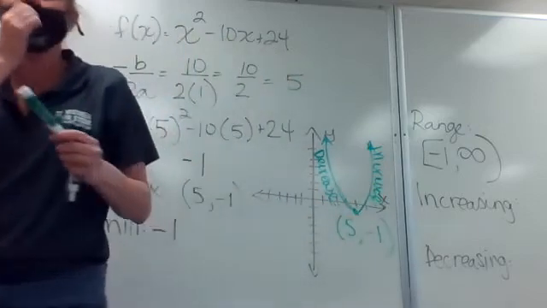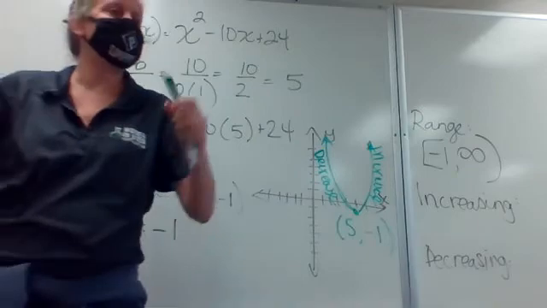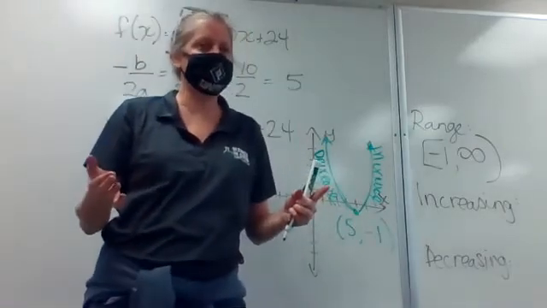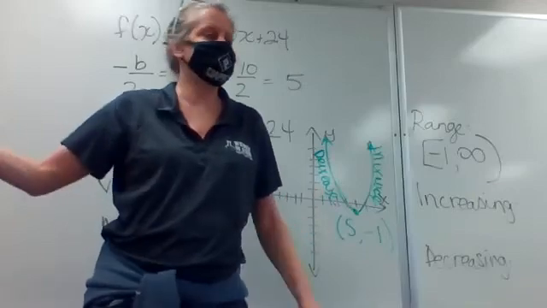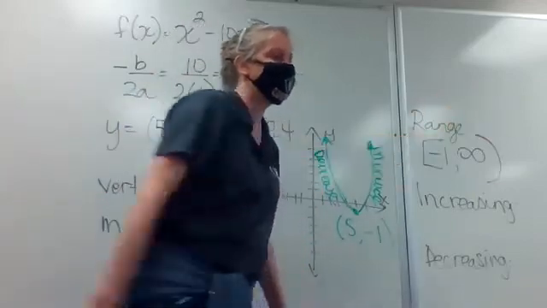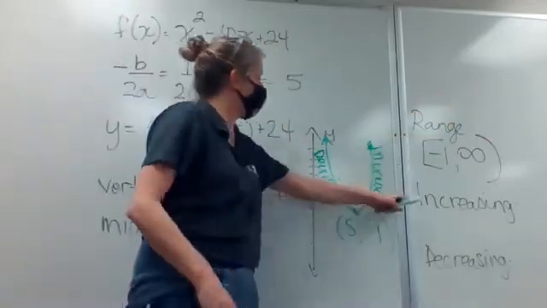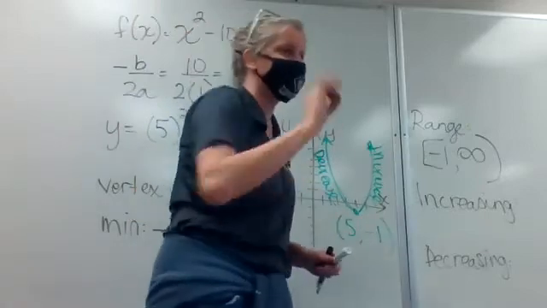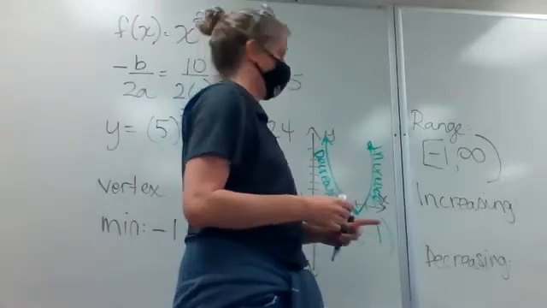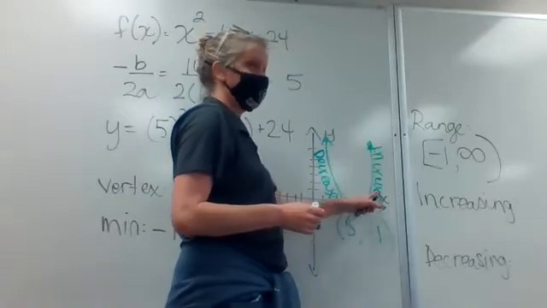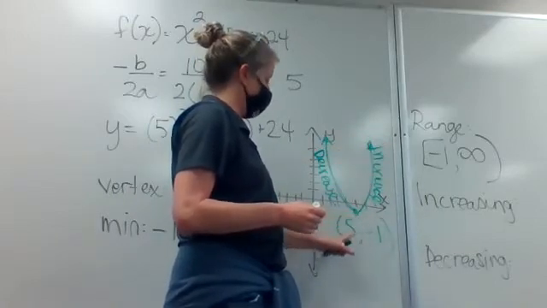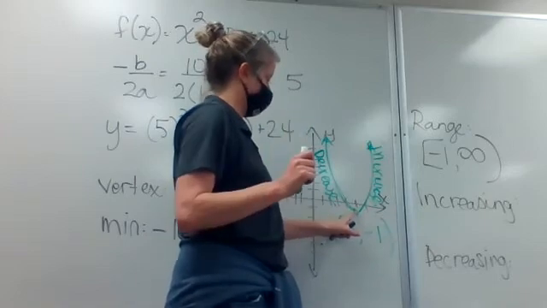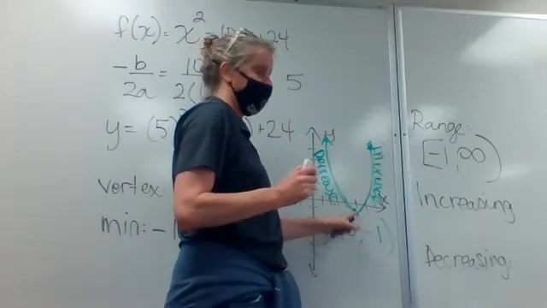When you're talking about increasing and decreasing in interval notation, you're always going to be using your x coordinate, because you're reading the graph from the left side to the right side. So where do I start to increase? Right here, this way. So where did I start my x coordinate? It's 5.